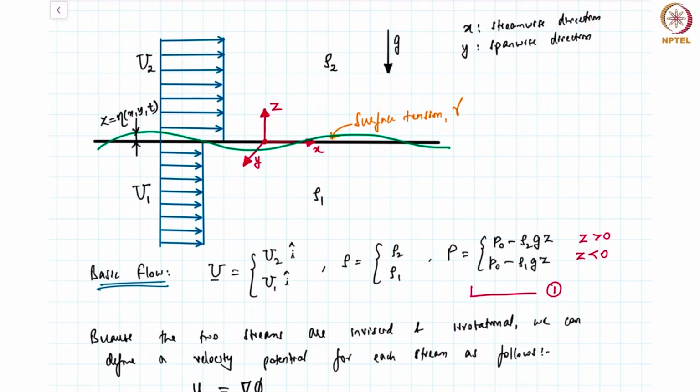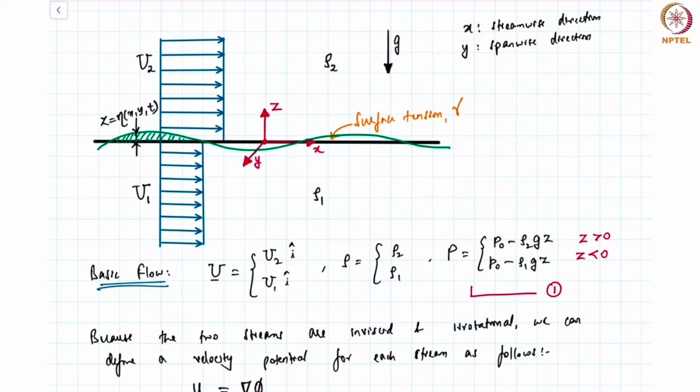Let me highlight this. For example, in the shaded region that I'm showing, fluid 1 has now occupied the space where fluid 2 used to be present. So if the interface moves up, you cannot create a void or a cavity in that region. That has to be filled by fluid 1. You also cannot have U1 moving into that region while U2 is still present.